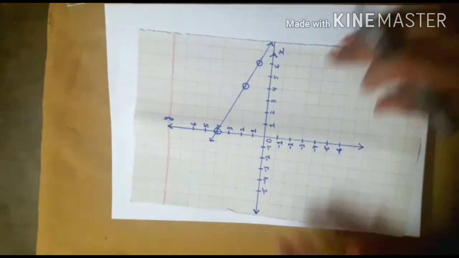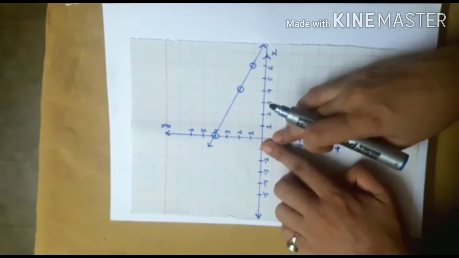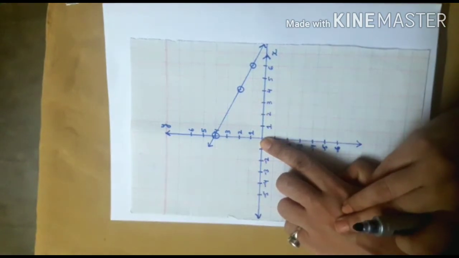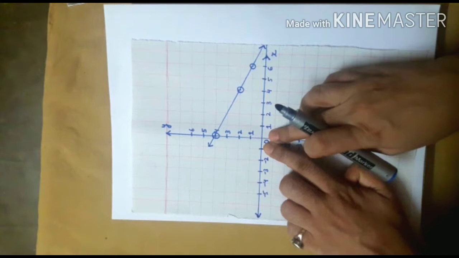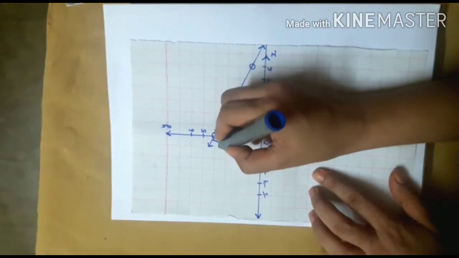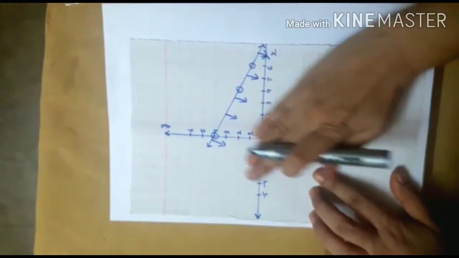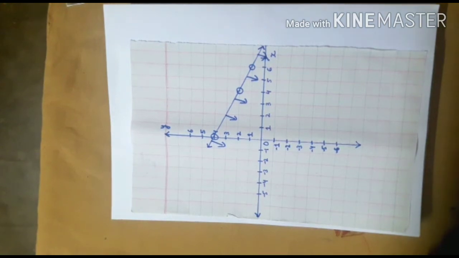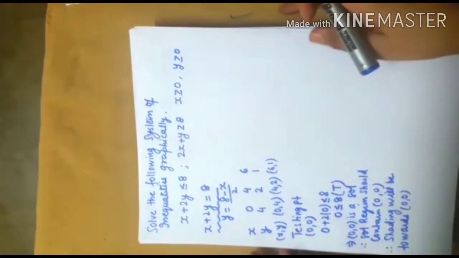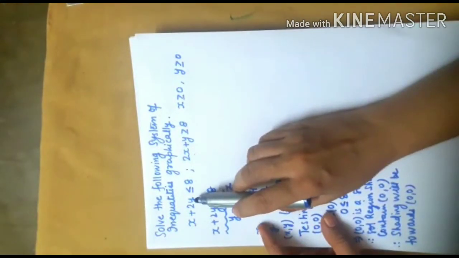So look here, this is the line, this is the testing point 0 comma 0, which is a solution. So the shaded region or the solution region must contain 0 comma 0. So shading should be towards this side. So this is the solution region of the first inequality. So we have obtained the solution region of this inequality.